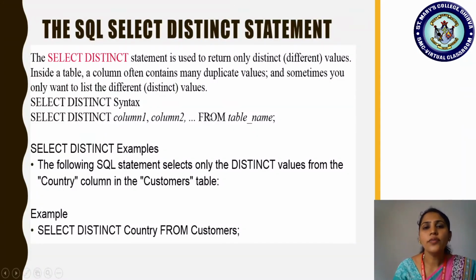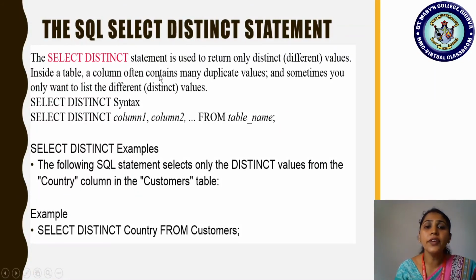Let us go with the definition now. The SELECT DISTINCT statement is used to return only distinct, different values. In the Country column we found many different country names, whereas one country, Mexico, was repeated. If you don't want that value repeated two times, we go for the DISTINCT keyword.